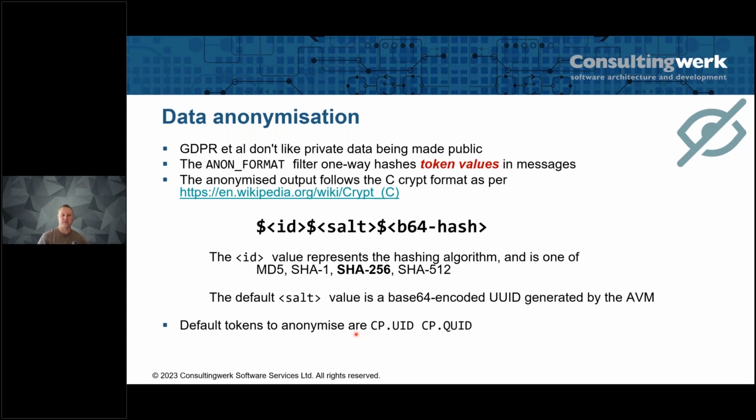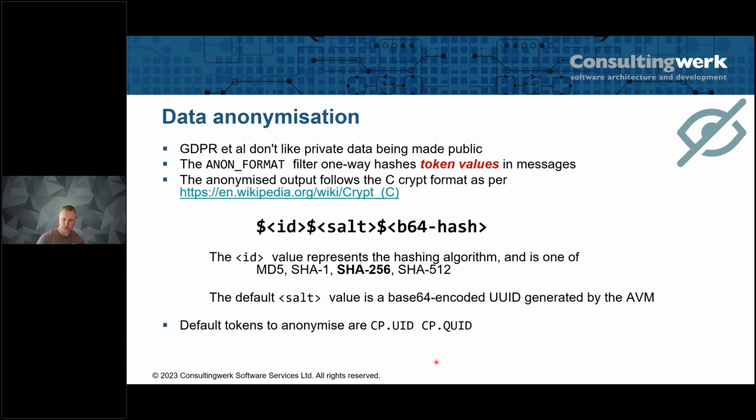What that does is a one-way hash of a token value. It has to be a token value, but it doesn't care what the token value is. By default, it's set up to do client principal user ID or client principal qualified user ID. So that would be peter.judge, or peter.judge@consultingwork.com, right?